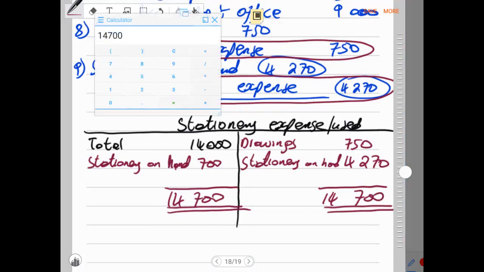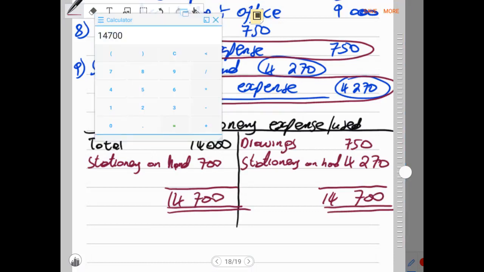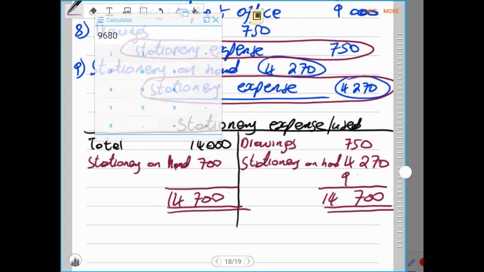Then we subtract the credit side, less 750 and less 4,270, and that will give us 9,680 rands. That will be recorded to the profit and loss account.